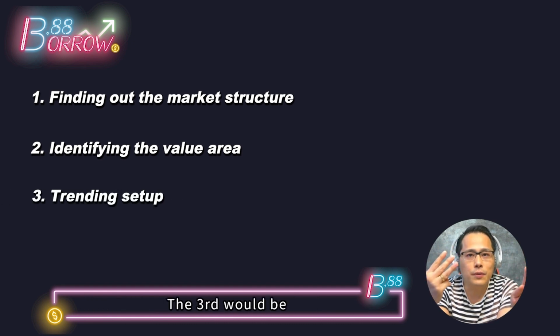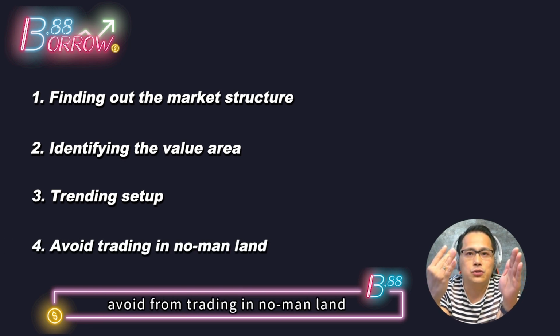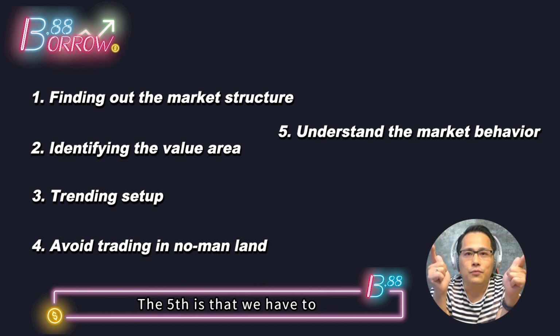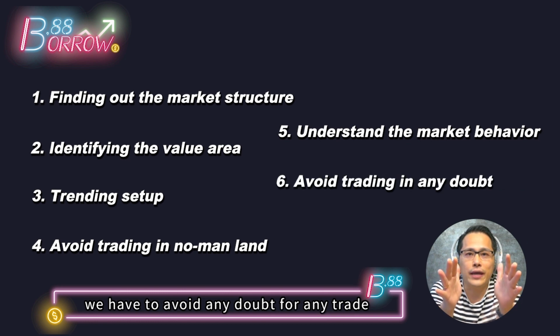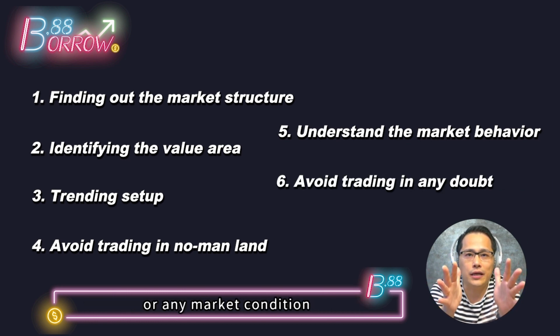The third is checking out the trading setup every day before every trade. The fourth is to avoid trading in no man's land. The fifth is to understand the market behavior. And the sixth, last but not least, is to avoid any doubt for any trade. If we are in doubt of any trade, any market condition, we just get away from it.